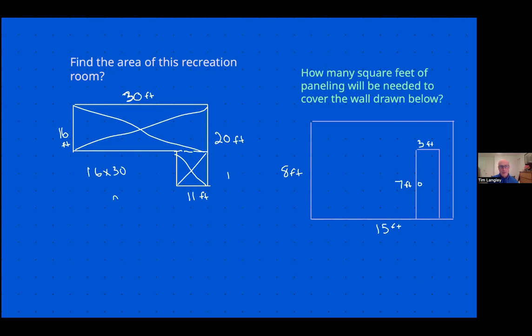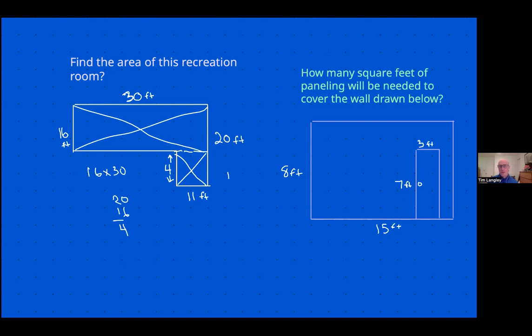What that just told me is that this dimension right here, from here to here, is 4 feet. Now I can go 4 times 11 is 44 and add my 44 to my 16 times 30 dimension. Basically, I'm going to add those two rectangles together, and that'll give me the total shape.